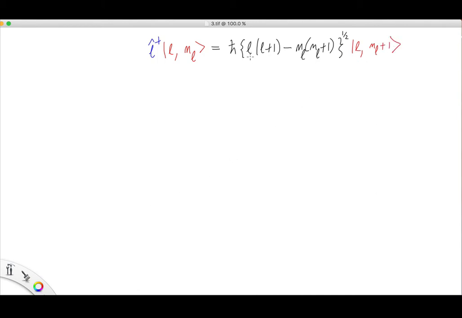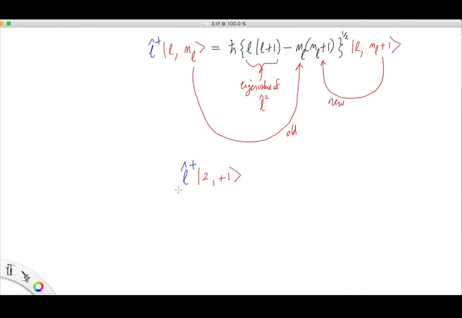Now the terms in this are recognizable. The number L times L plus 1, that was the eigenvalue of L squared. We can see we subtract a term which is ml, the old quantum number ml, multiplied by ml plus 1. That's the new quantum number after it's been raised.